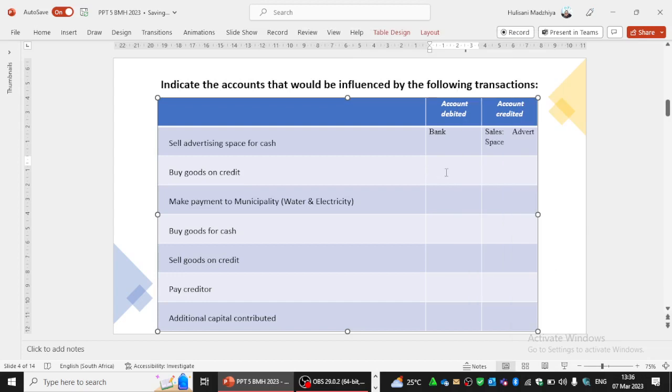So who do we have here? We have Ntombi. Can you please assist us with the account debited and account credited under this transaction? Ntombi, you can unmute yourself and help us by identifying the account that will be debited and the account that will be credited.